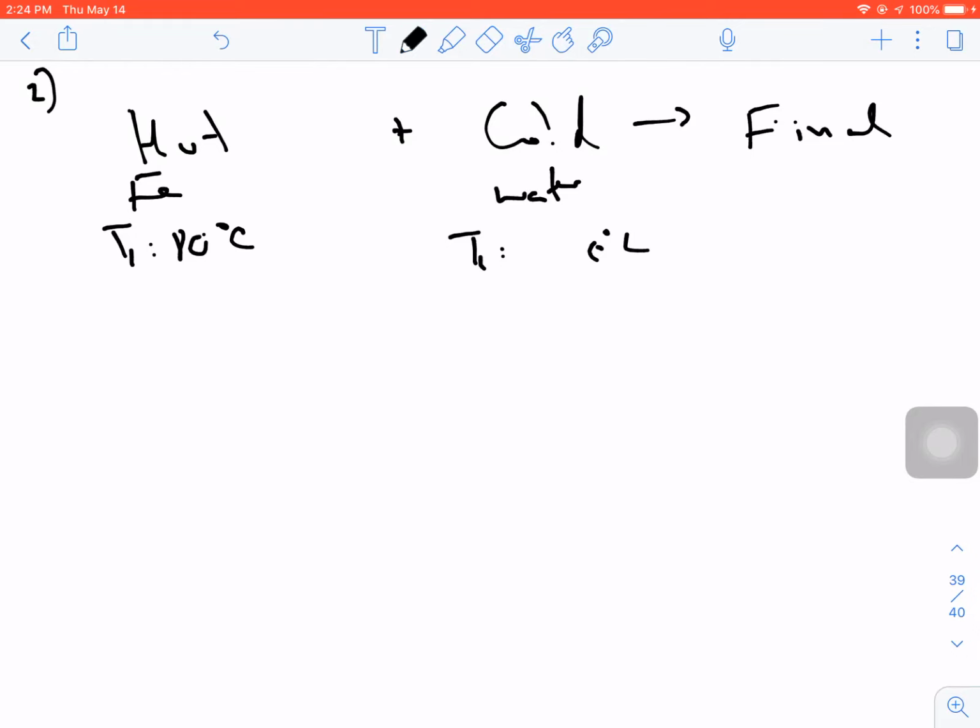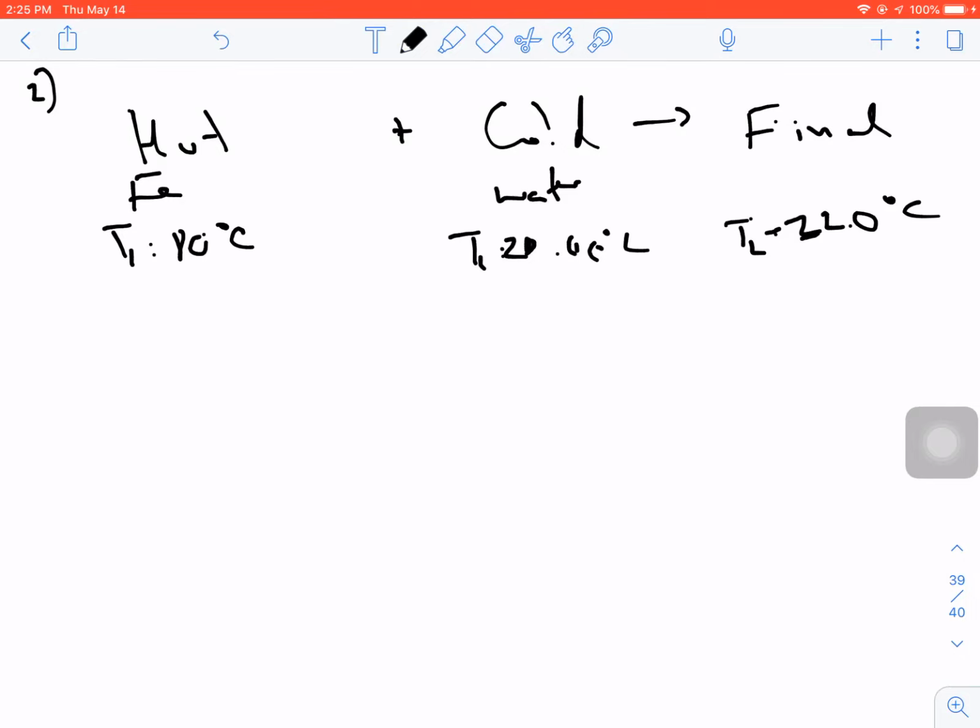Some dexterity issues here, more than usual. 22.0 degrees C. And my final temperature is going to be, oh, the final temperature is 22. I'm sorry, I'm not reading my question very well here. 22.0 degrees C. My starting temperature over here was 20 degrees C. I was right in the first place.